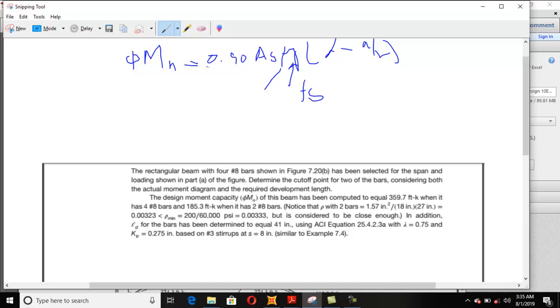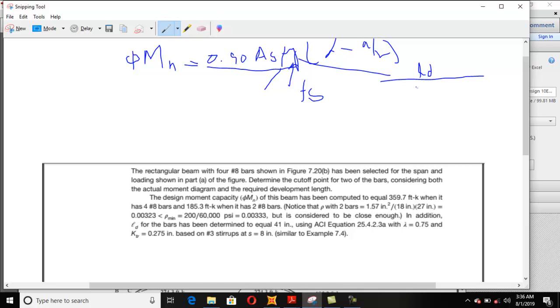So this means that you have to provide the bar a development length. For that, how much will the development length be for the fy value? Once you determine the development length for this strength, your cutoff length should be greater than it, for that specific stress.